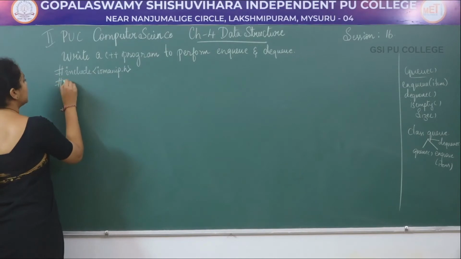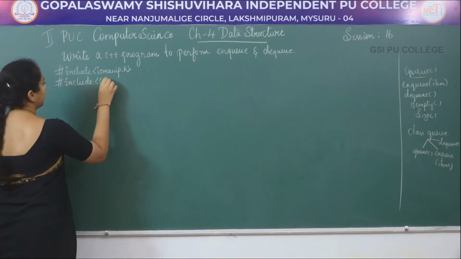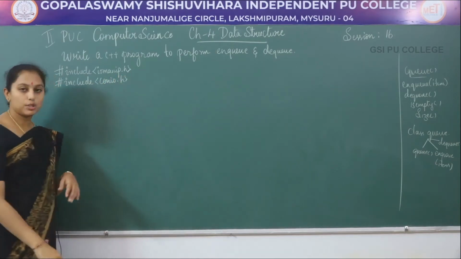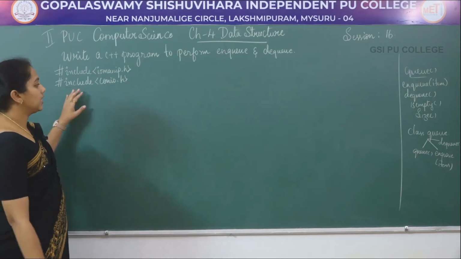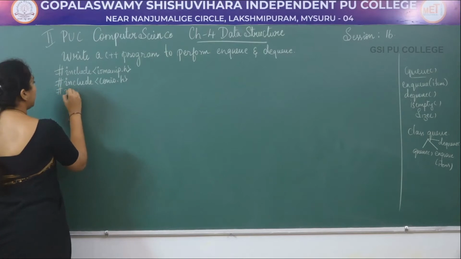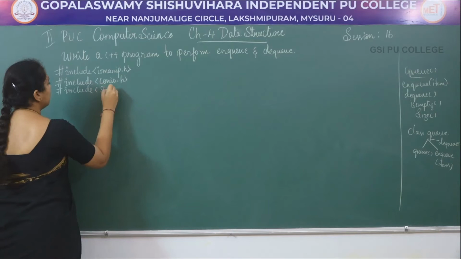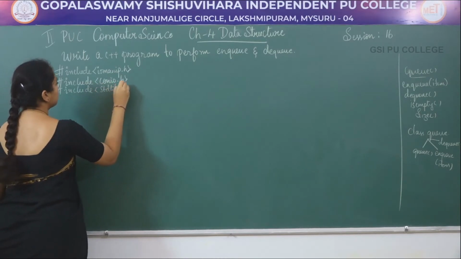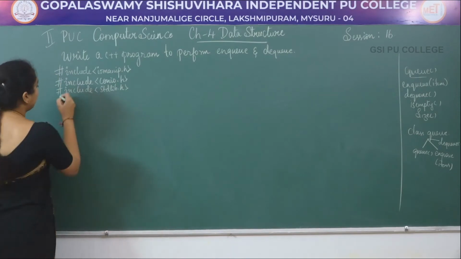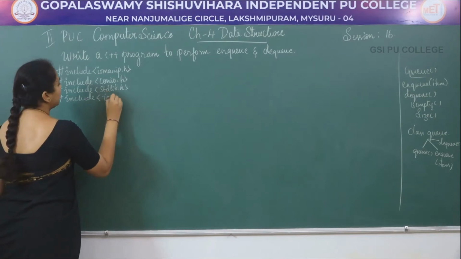And the next header file is include conio.h, which contains basic functions required for our C++ program like clear screen and getch. And the next header file is include stdlib.h. This header file is used to allocate and deallocate the memory. And the next header file is include iomanip.h.